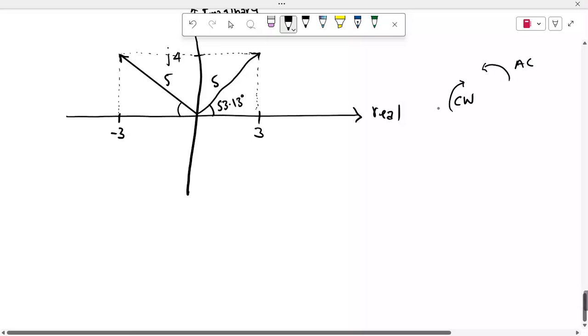So if you're moving from the positive x direction, we are moving like this. So this is positive, but here we are moving like this. No wonder it's negative. So the angle here we write as 53.13.